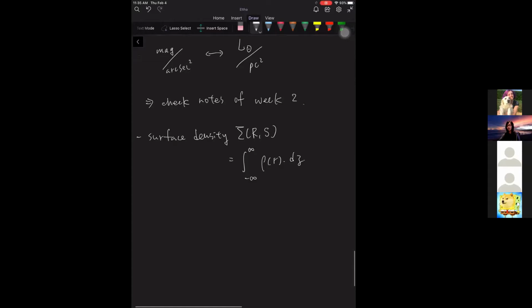And I just want to recap where the surface density equation comes from. We have a sphere over here, and this is our line of sight. We are observing in this direction, z.